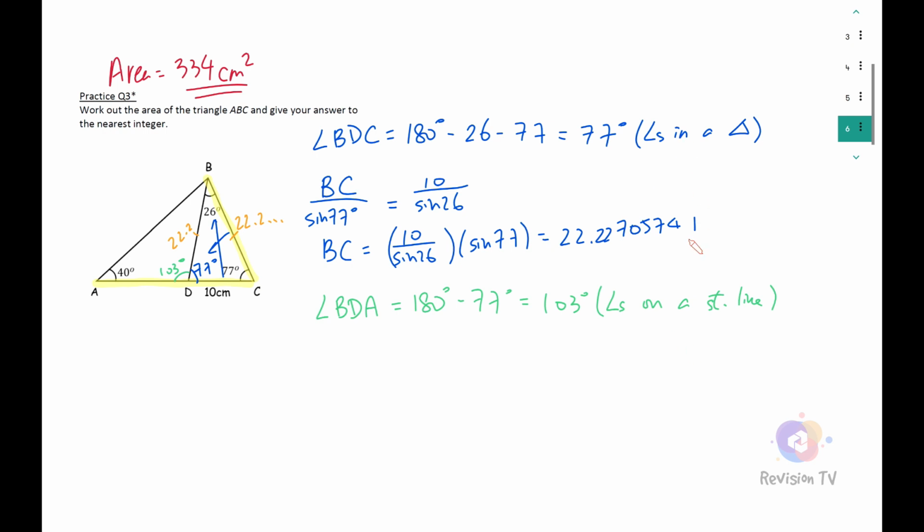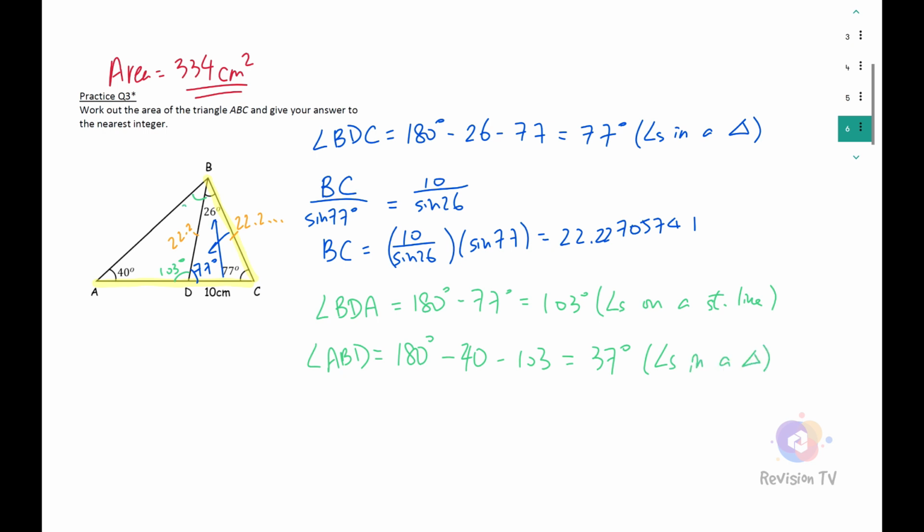Anyway, to work out this length of AD, I've got this 22.2. To work out this length, what can I do? Well, I can use the sine rule, but to use the sine rule, I must know the opposite angle. So angle ABD equals 180 degrees minus 40 minus 103, that will give me 37 degrees, because angles in a triangle again.